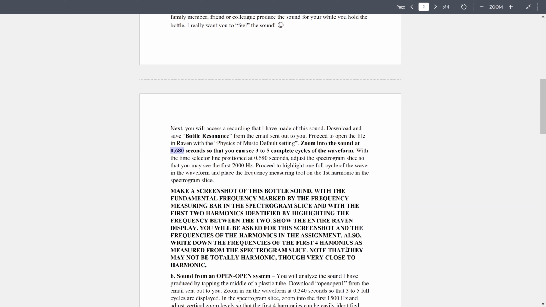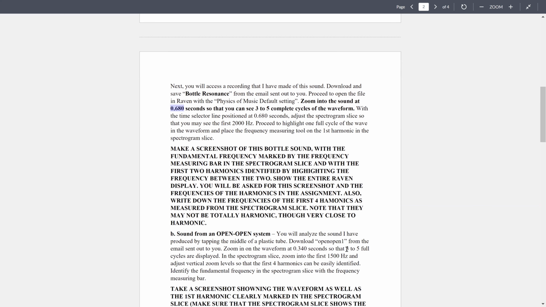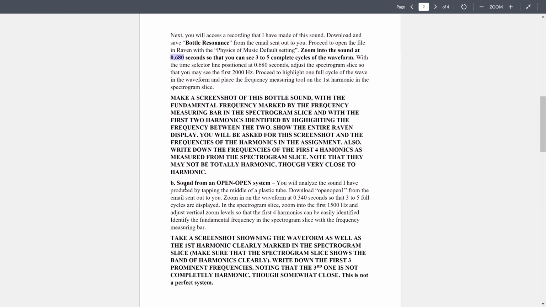They're a little off, but hey, it's not a perfect system. So you're just going to note what they are. The second harmonic seems to be this frequency, third harmonic seems to be this, fourth harmonic seems to be this. And write those down in the description.